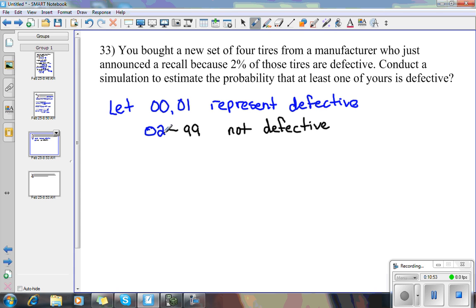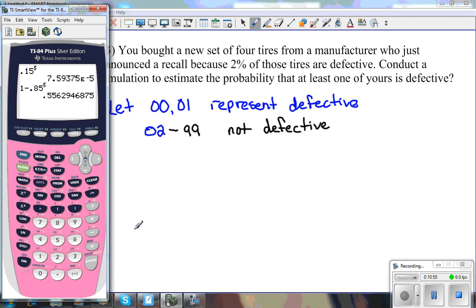Okay, then we could go through and randomly generate. So maybe you want to do math, probability, random integer. I guess I could have chosen 5. Yeah, I should have done it that way.